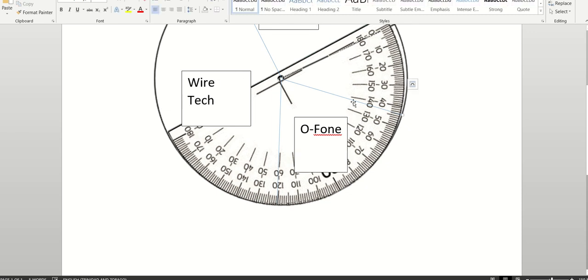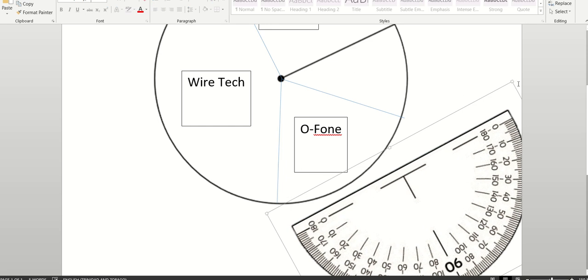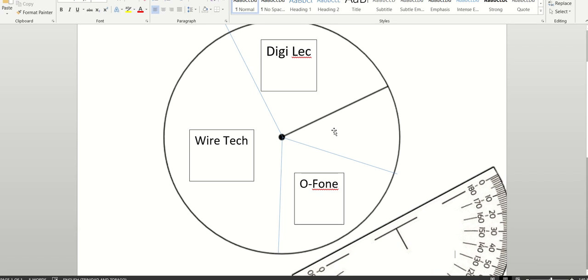There. It is 45 here, right? From 0 to here. So we know that this section or the remaining section was 45. So this is how your pie chart is going to look.